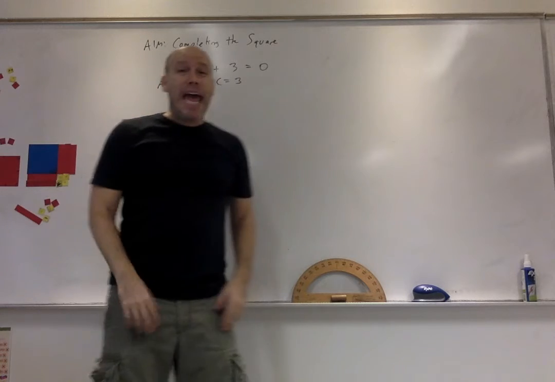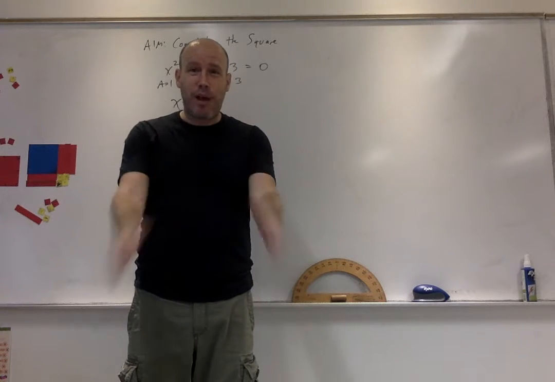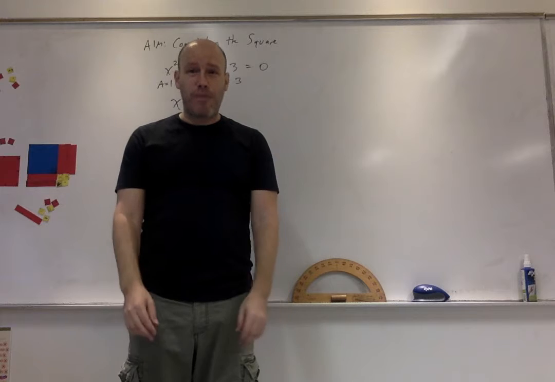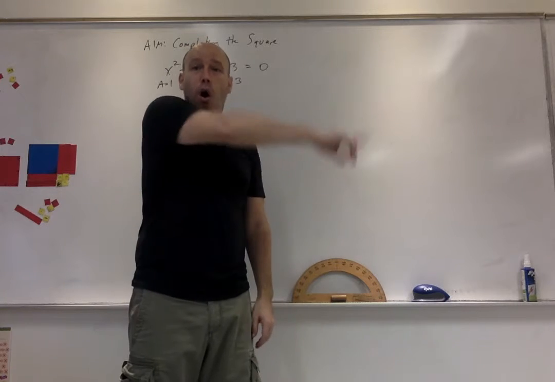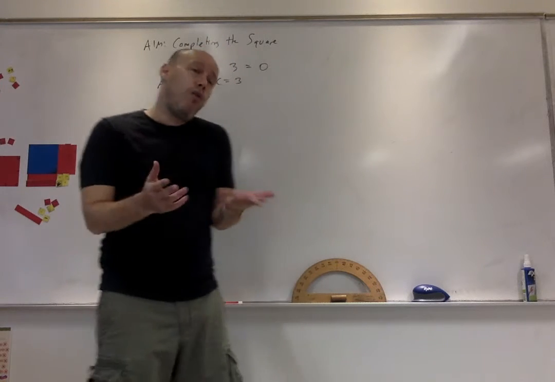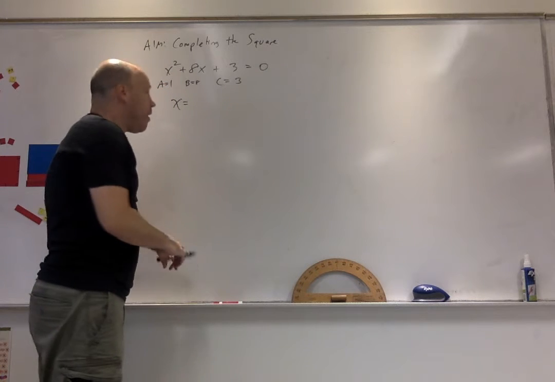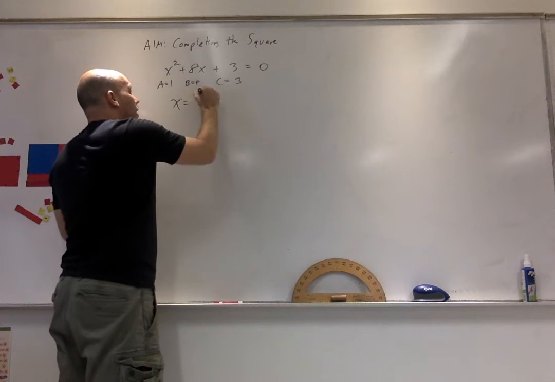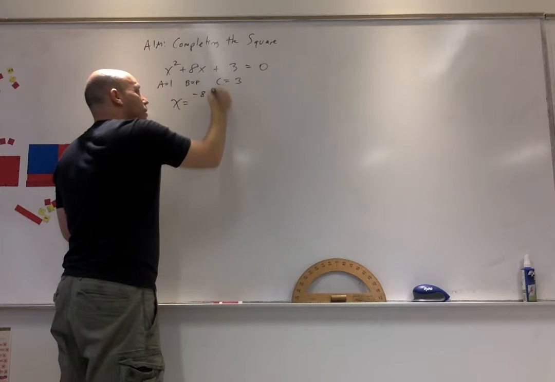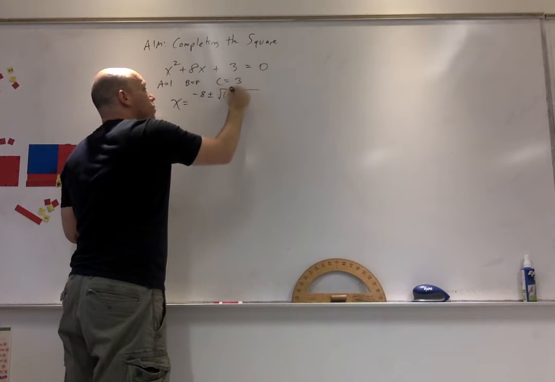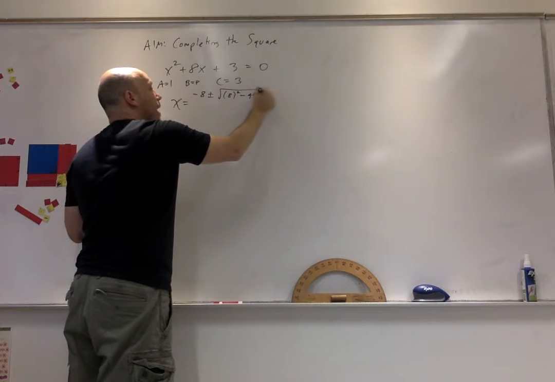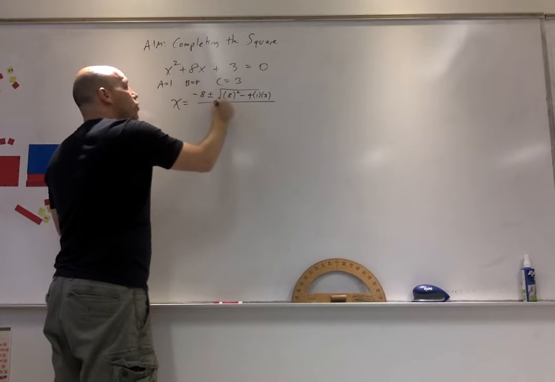I have a song: negative b plus or minus the square root of b squared minus 4ac all over 2a. So you plug the numbers in.